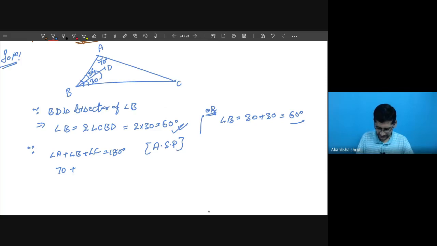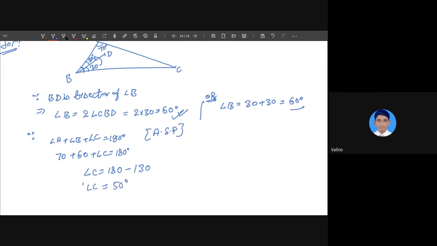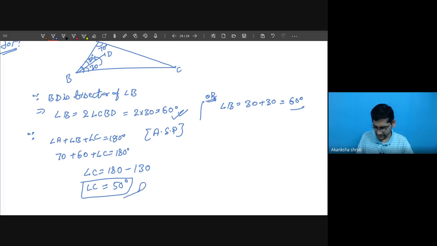Do not think of 30. 60 plus angle C is equal to 180 degrees. So angle C is equal to 180 minus 60 plus 70, that is 130. 130 minus 30 is 50. So angle C is 50 degrees. Are you getting this? So this is the required answer.